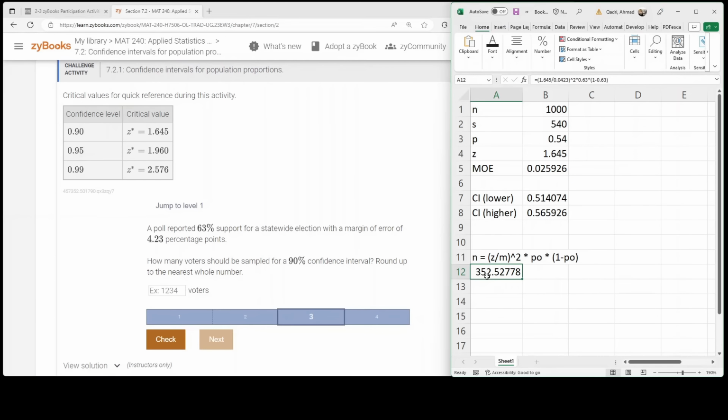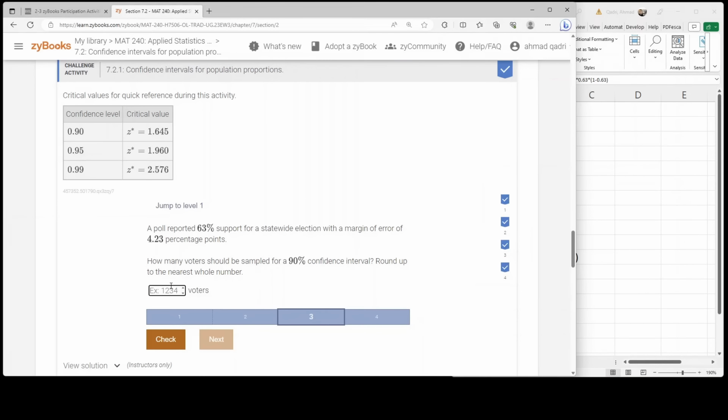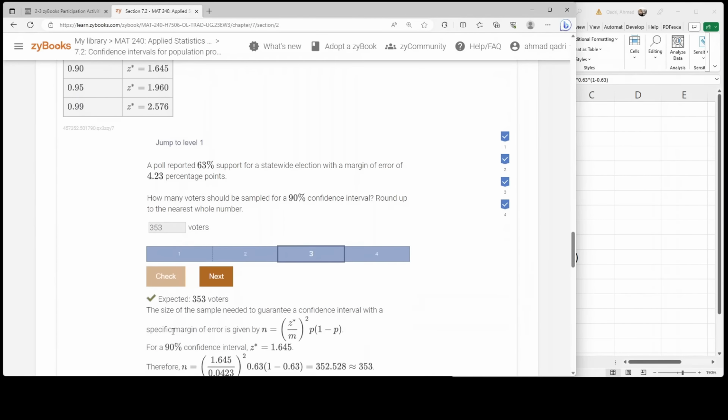That gives us 352.5. So at a minimum, we need 352.5. Obviously we need to round this up to get a whole number, so that would be 353. And so that is the correct answer.